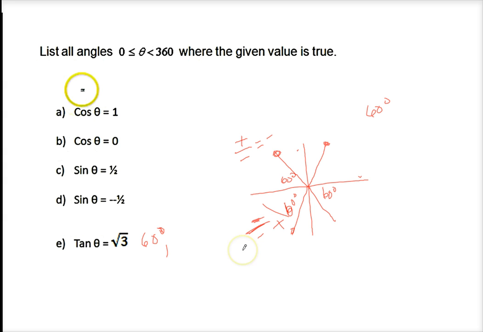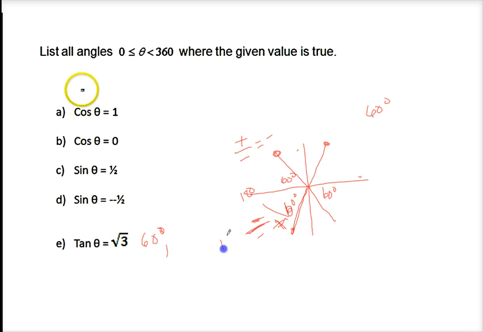So again, two things to memorize are the exact values and where sine, cosine, and tangent are positive and negative. And they will come in very handy because we know tangent is positive in this quadrant, so we know that our other angle that would have a tangent of positive square root 3 is the angle that's 60 degrees away from the x-axis in quadrant 3.